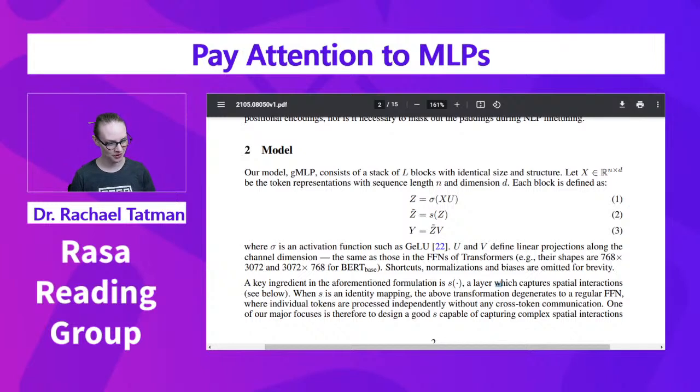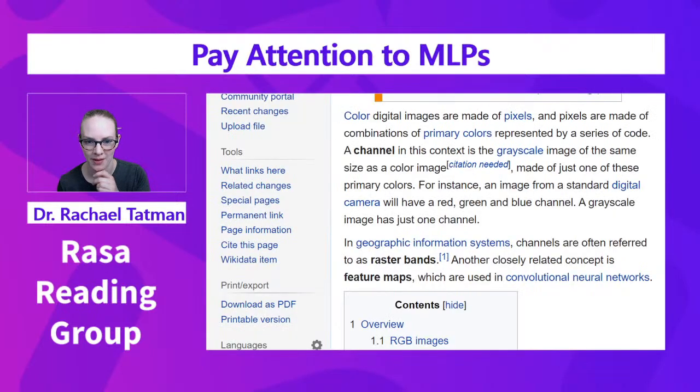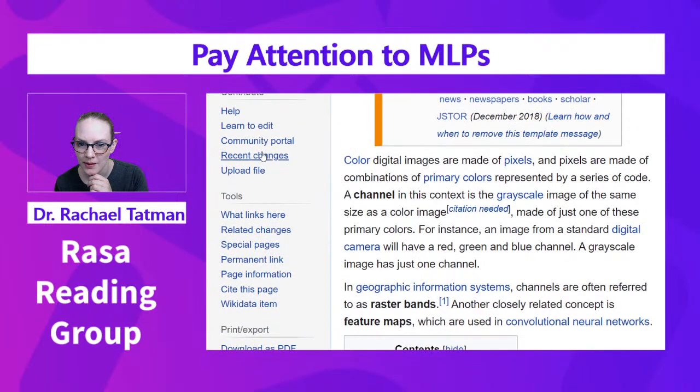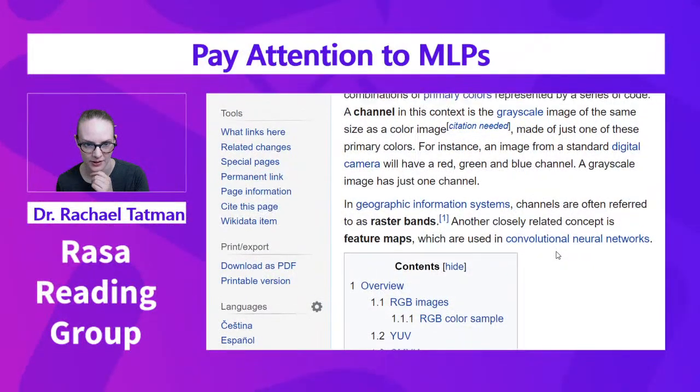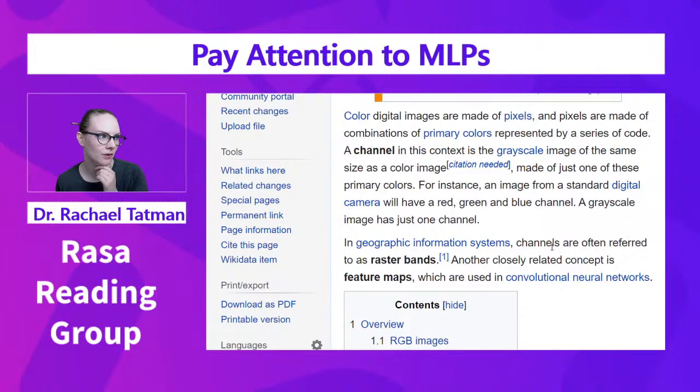Channels in computer vision. Channel in a digital image. I'm just on Wikipedia, I'll pop that over. Channel, blah, blah, blah, primary colors. A channel in this context is a grayscale image of the same size as the color image made of just one of these primary colors. Okay. So it's along one of the dimensions, I guess?